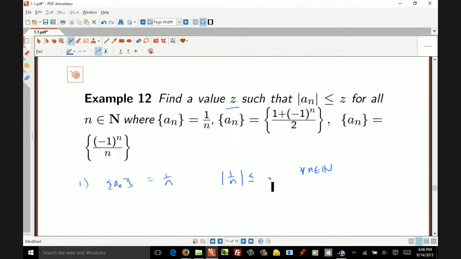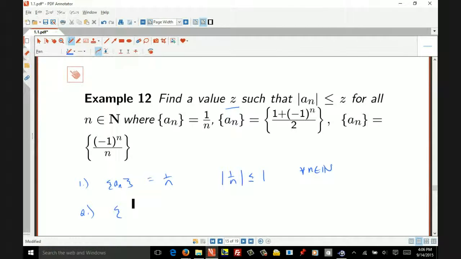Less than 1. You could have chosen 10, 100, a million. It doesn't matter. You just have to have some value so that the absolute value of everything is less than that number.